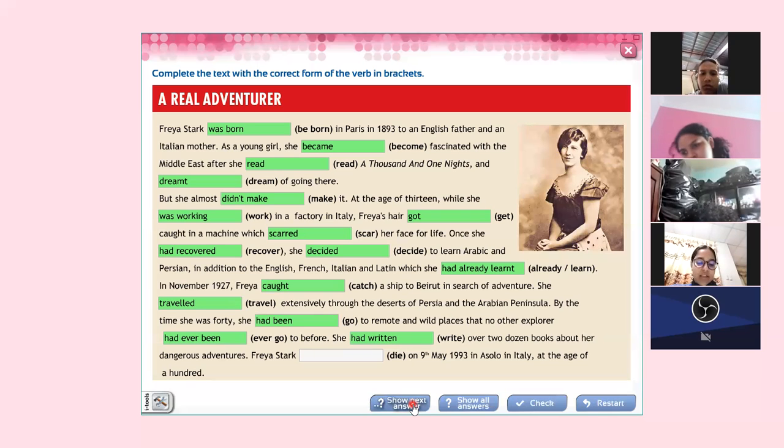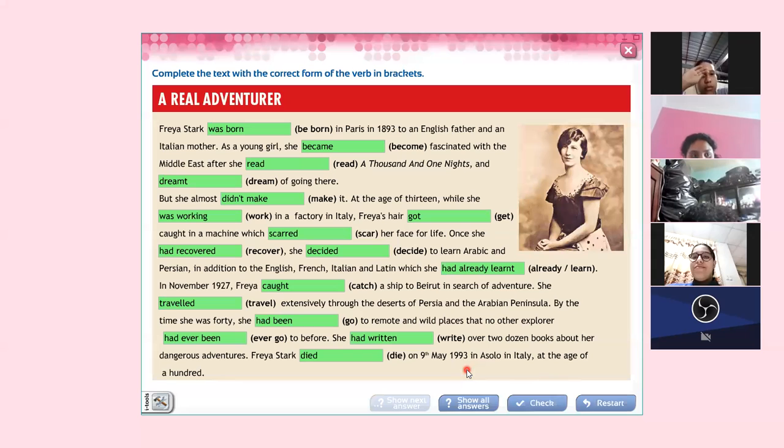Freya Stark died on 19 May 1993 in Oslo, in Italy, at the age of 100.